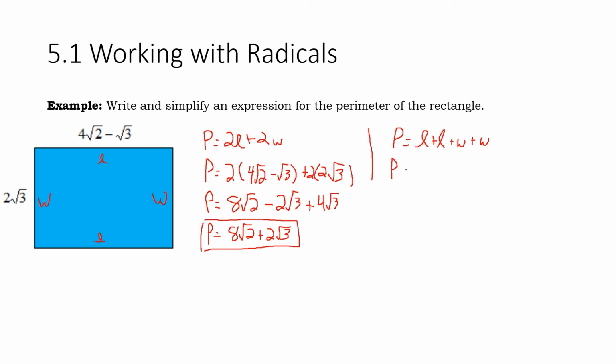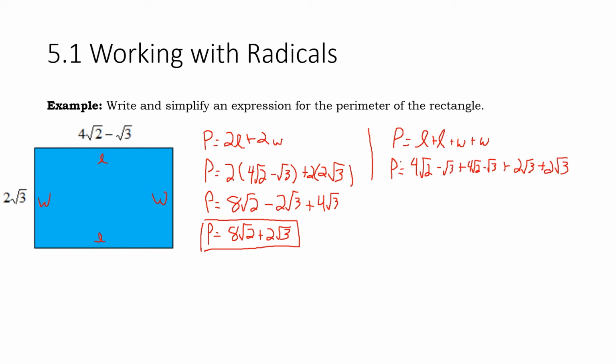So like I said, you could add them all separately. If our length was 4 root 2 minus root 3, then we could write all that out. 4 root 2 minus root 3 plus 4 root 2 minus root 3. If our width was 2 root 3, then plus 2 root 3 plus 2 root 3.